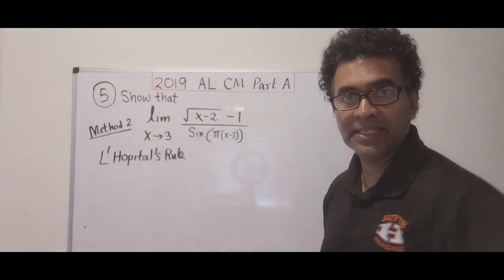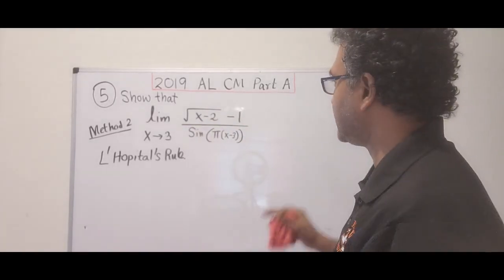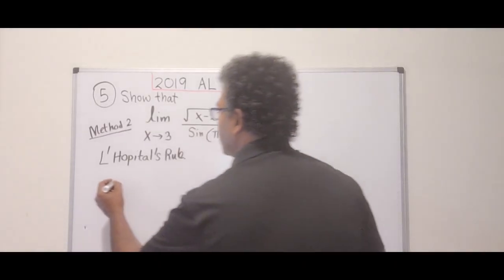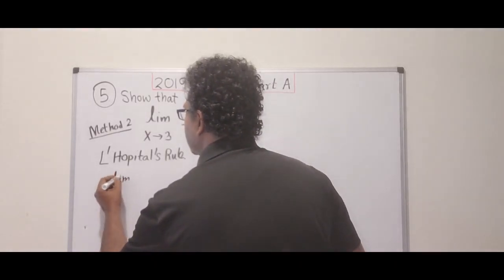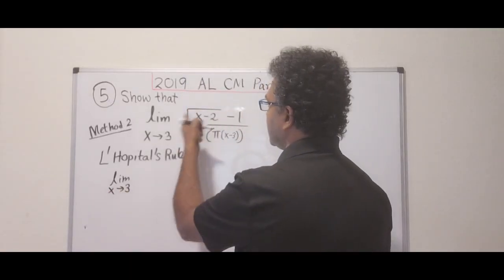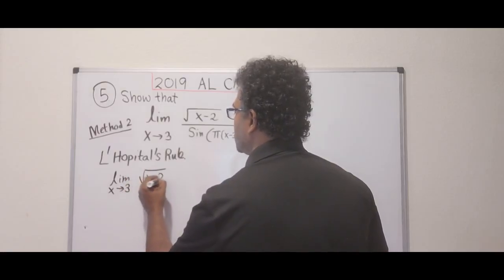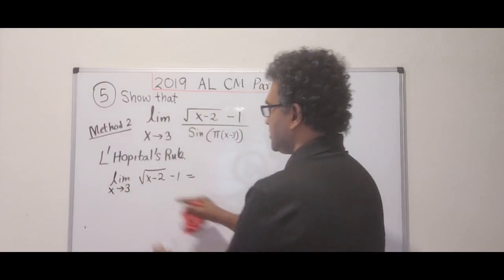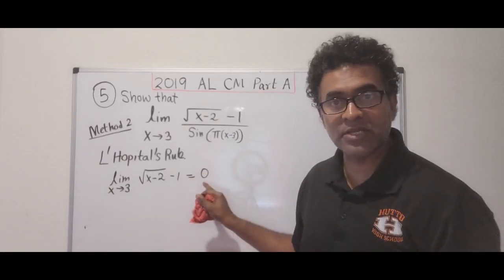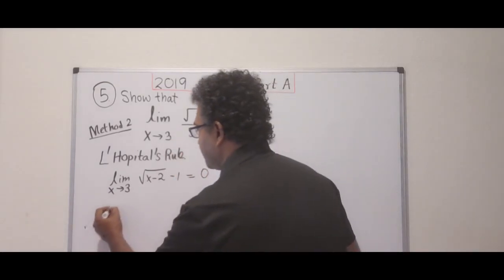So let's look at the limits of the numerator and the denominator separately and see whether they are defined or undefined. You can see visually, when x goes to 3, the limit of this function, square root x minus 2 minus 1, just substitute, and you can see the numerator is just 0. And then I'm going to do the same thing to the denominator.